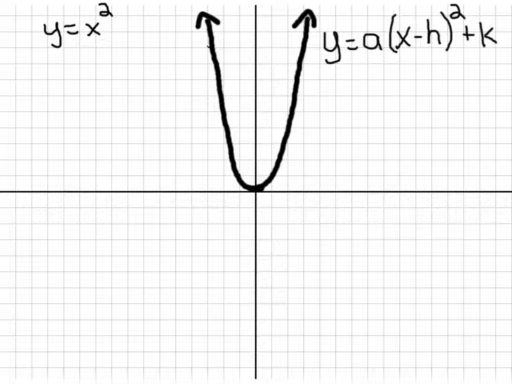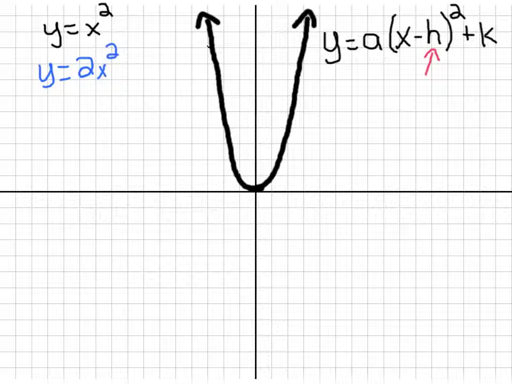If we're dealing with positive numbers, in other words, this one right here is a positive number. Alright, so let's write one. Y equals 2x squared. Okay, and we'll plug in a couple points here. We'll try to do this one in blue, just so we can illustrate. If x were to equal 1, 1 squared is 1 times 2 is 2.